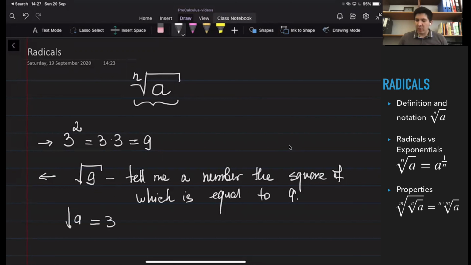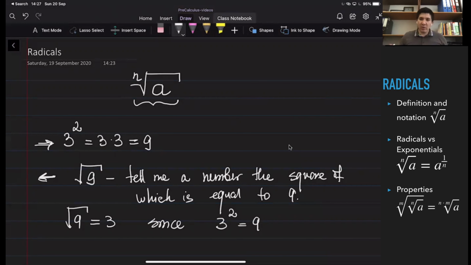So the square root of 9 is equal to 3, since 3 squared is equal to 9. You can feel here that we are doing the inverse operation, right? Here we're answering the forward question, and here we're answering the backward, or inverse, question.